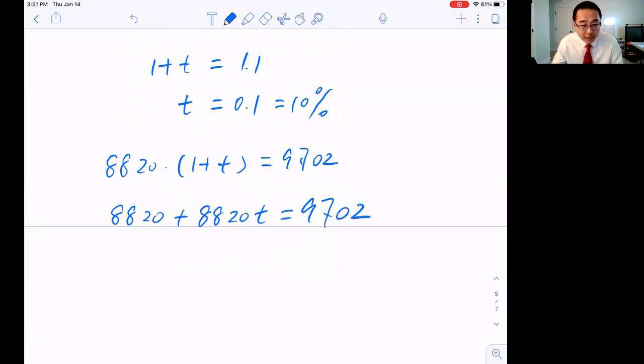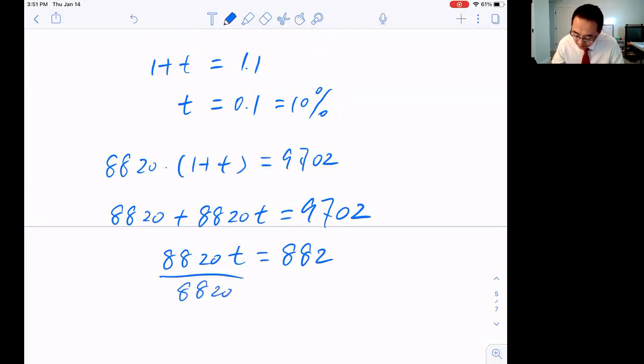Then you subtract 88.20 from both sides, and you get 88.20t equals 8.82. Then you divide both sides by 88.20, and that gives you t equals 0.1, right? So that's what you did. That's absolutely correct. Okay.